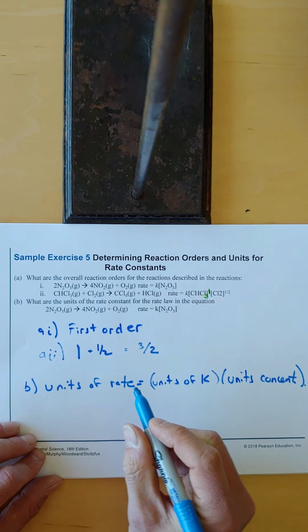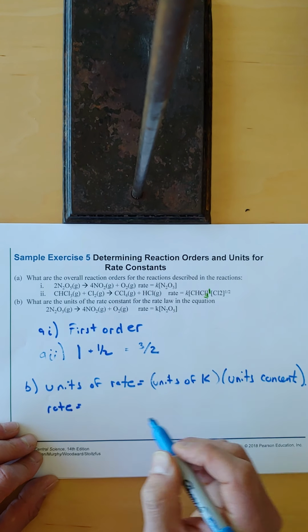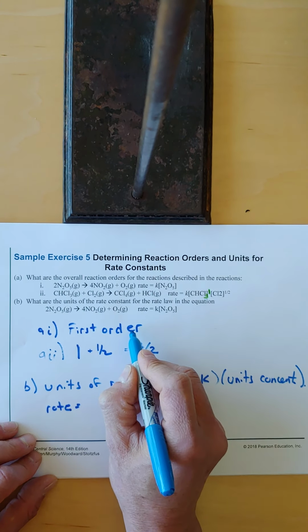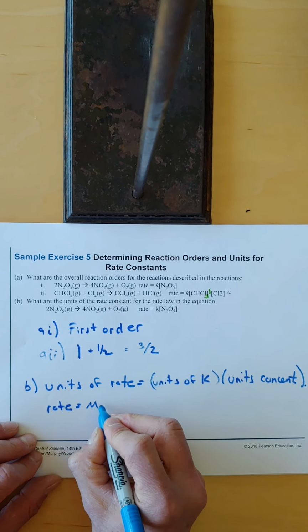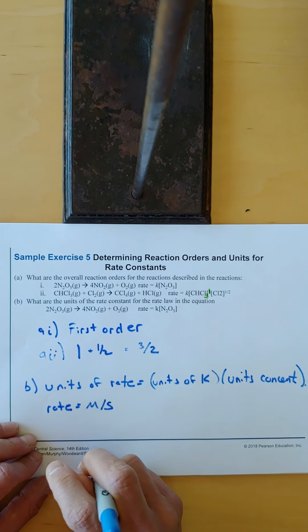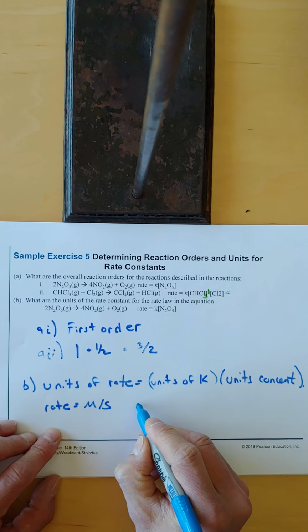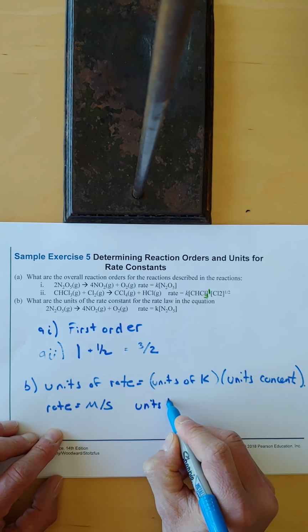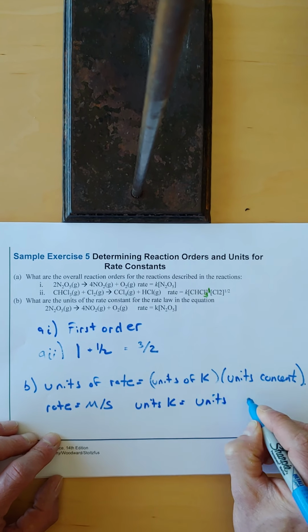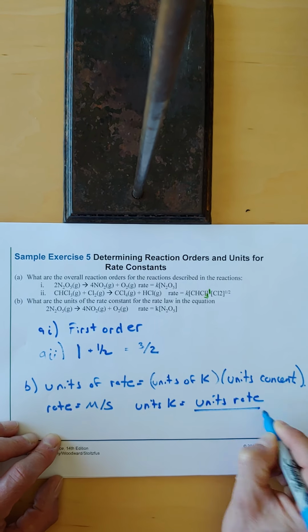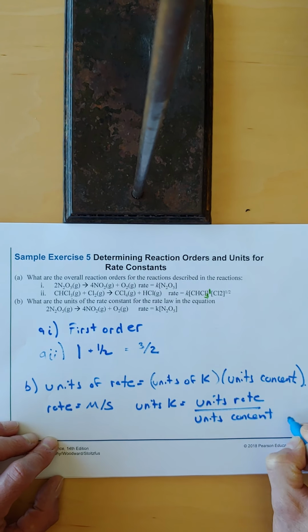Well, this is a first order reaction, so my units of rate are going to be molarity per second. So that's my units of rate. So my units of K are going to be equal to my units of rate divided by my units of concentration.